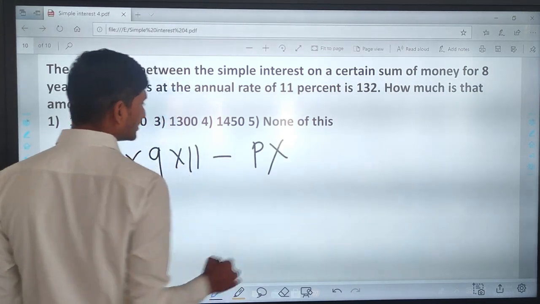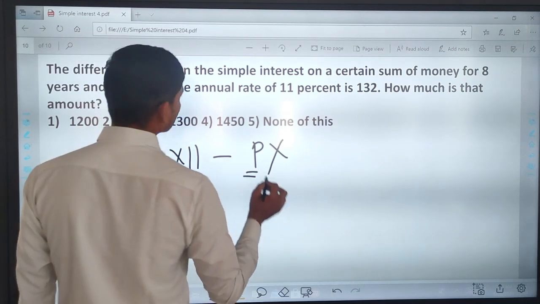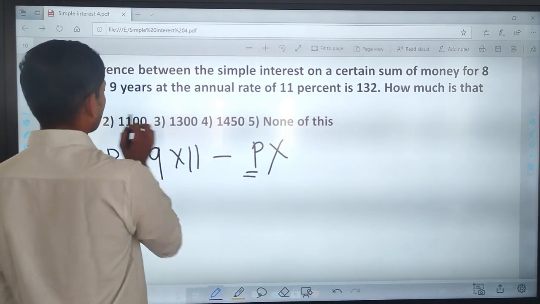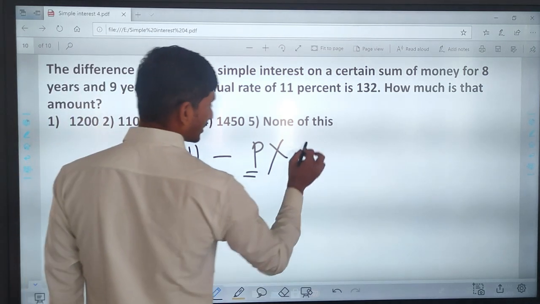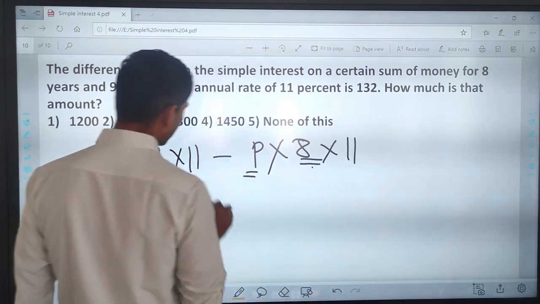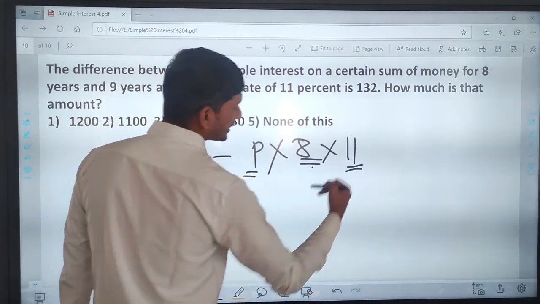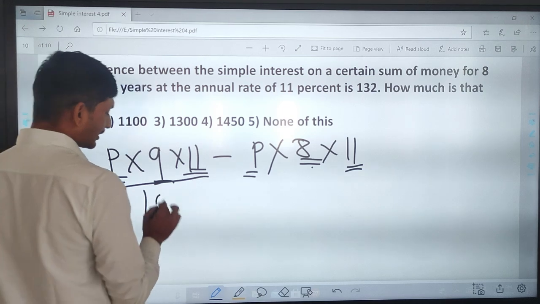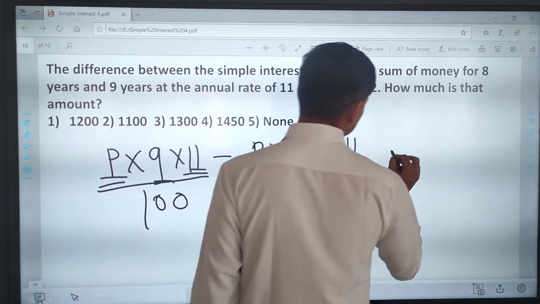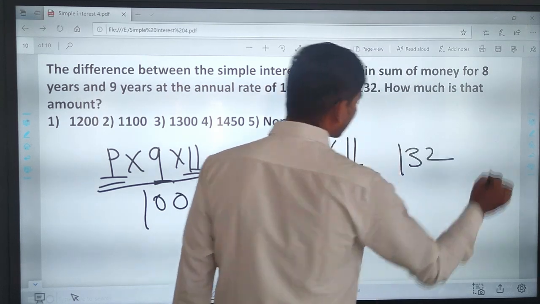The principal is the same, the interest rate is 11, and the difference between these two interests is 132.